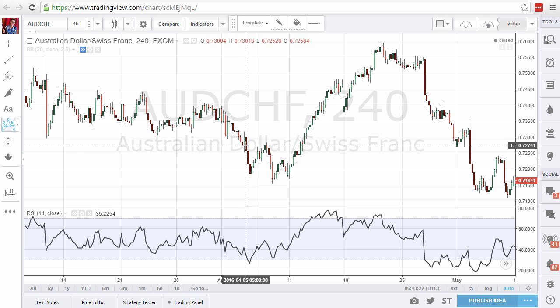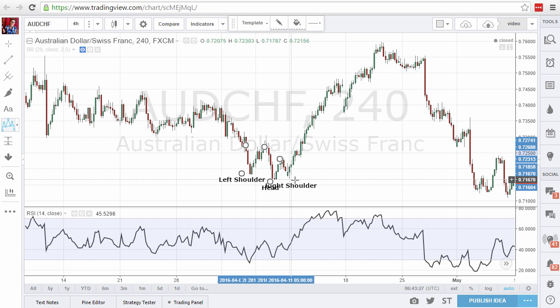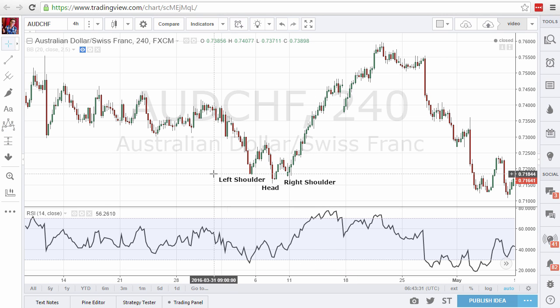And it's always great when you have another confirmation in the form of a price signal. So this time it was a head and shoulders, where this is a low, then a lower low, and then price failed to make a lower low and made a higher low, which is an important clue in trend analysis. And it shows that we didn't have enough selling pressure anymore to get price below the lows.